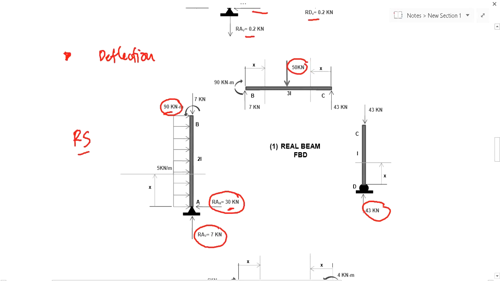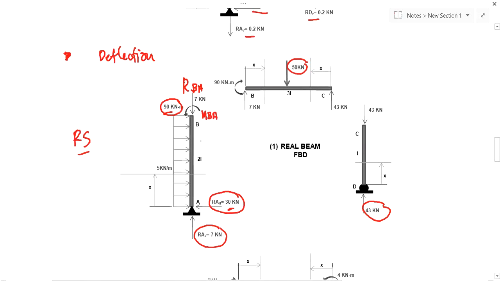Okay? So if we separate that, wala pa ito, wala pa yan. Wala pa yung 7 dito sa taas. Wala pa yung rotation dito sa moment at B. And this is B, reaction at BA. Wala pa yan. So ang meron lang tayo yung external loads natin na reaction, RAH, RAB.